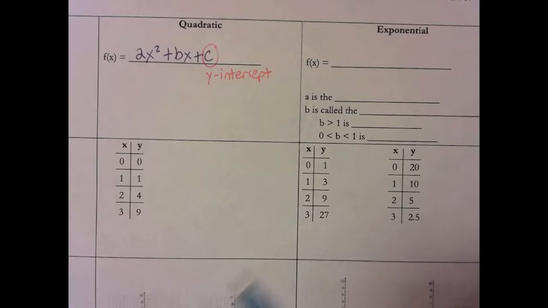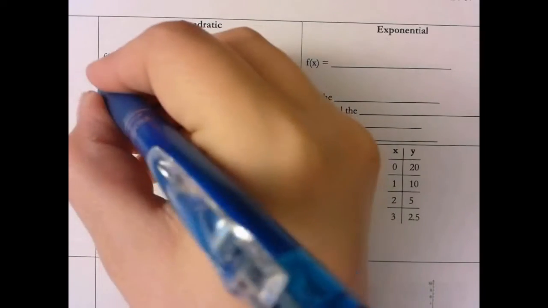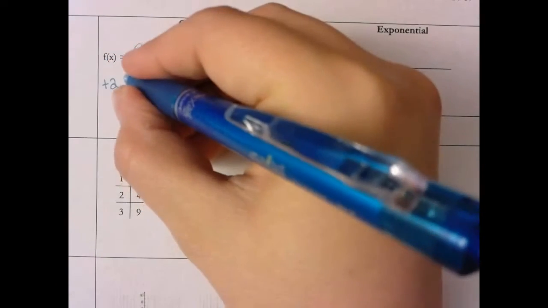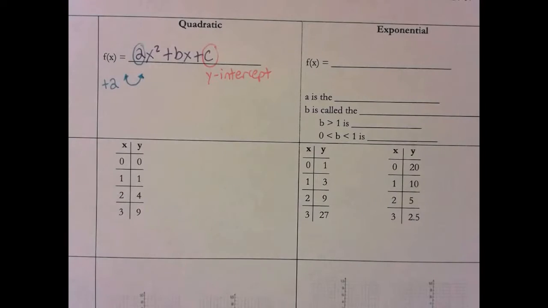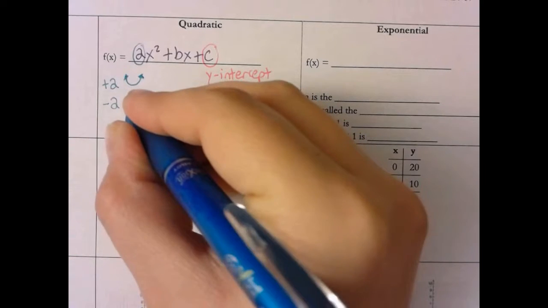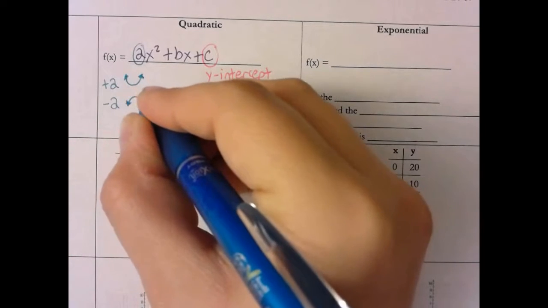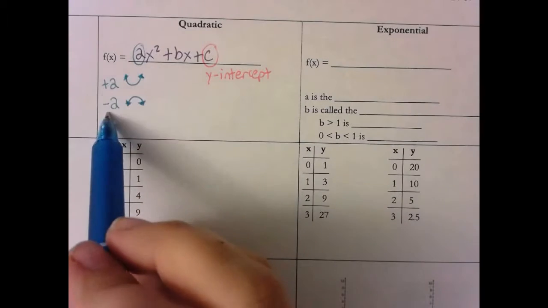And a tells us whether our quadratic opens up or down. So if we have a positive a, you're going to have it opening up like that. If a is negative, it'll open down.